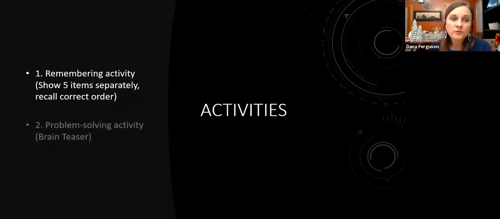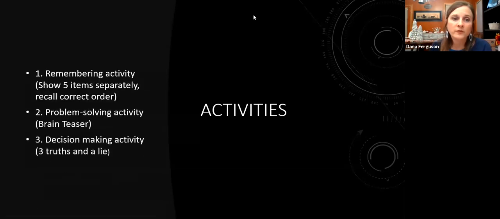Okay, so we're going to do for a minute just some little fun activities. And the reason I'm doing this is because for some reason, cognitive development is hard for people to remember what it is. And so these little activities are kind of just to help you remember what it is: remembering, decision making, and problem solving, okay? So we're going to do a little activity right now that has to do with remembering.